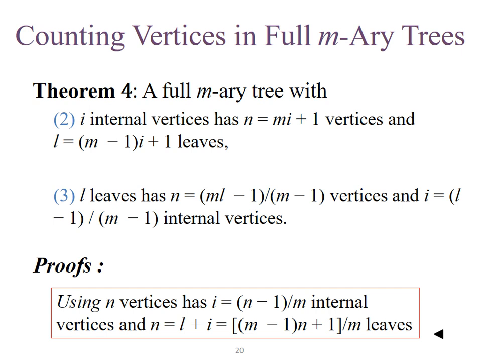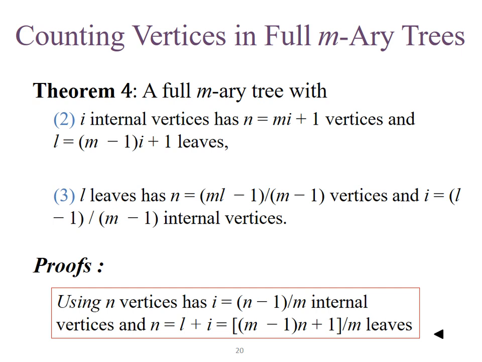Okay, thank you. Now we have our original equation: the total vertices n equals mi plus 1, and we know this is an m-ary tree. We also know n equals the internal vertices plus the leaf vertices.